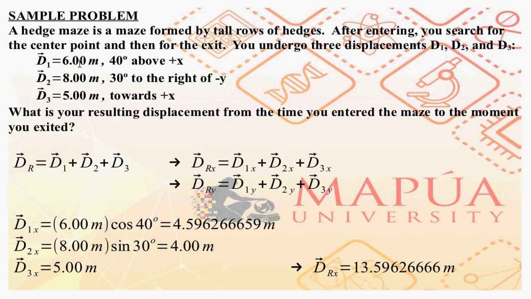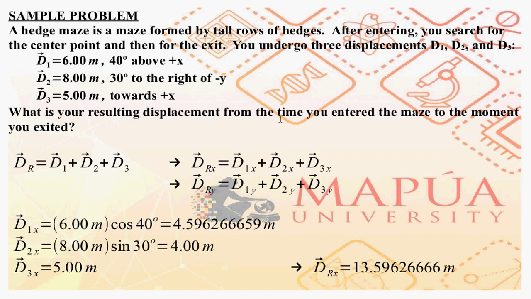D1 is 6 meters, 40 degrees above positive x. D2 is 8 meters, 30 degrees to the right of negative y. D3 is 5 meters, heading towards positive x direction.